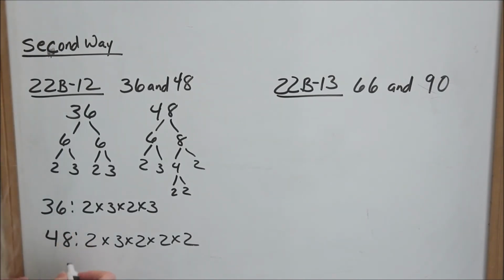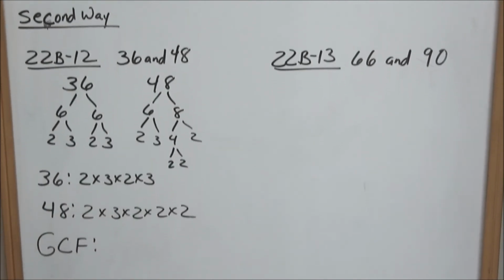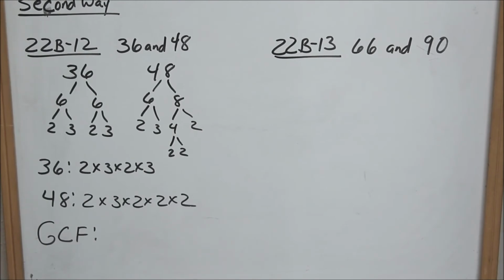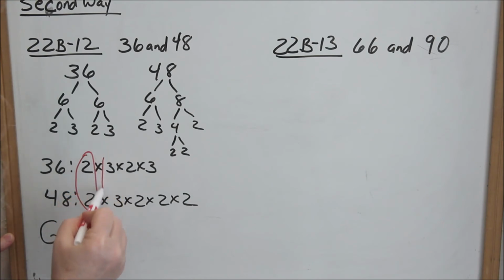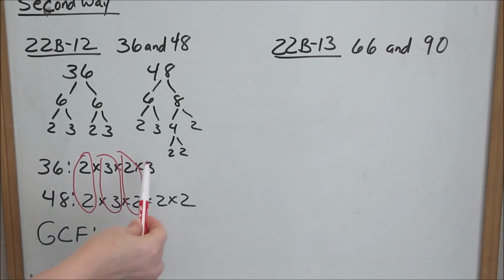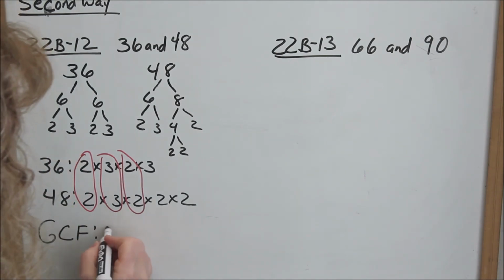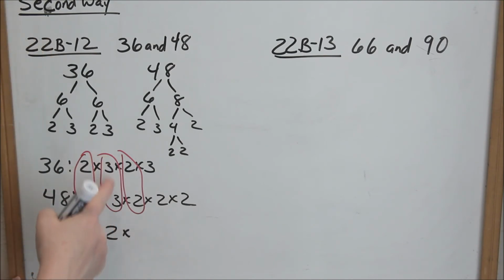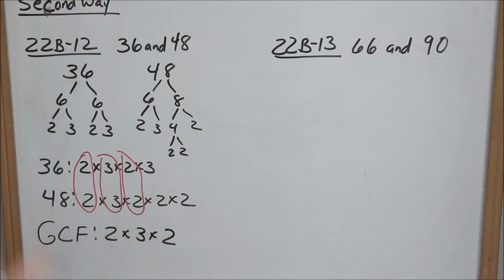To find the greatest common factor, you take only the numbers they have in common. Okay, so if you need to circle them, they have a 2 in common, they have a 3 in common, they have this 2 in common, and that's it. These are extras. So the ones that they have in common, you take those numbers only one time. So I'm going to take the 2 that they have in common once, 2 times the 3 they have in common, 3 times the 2 they have in common, 2, and that's it.